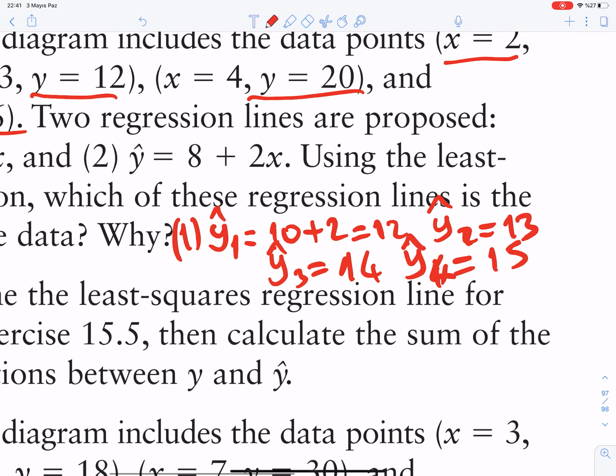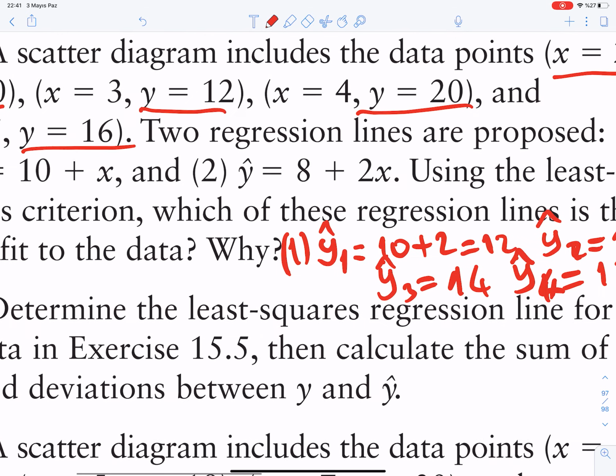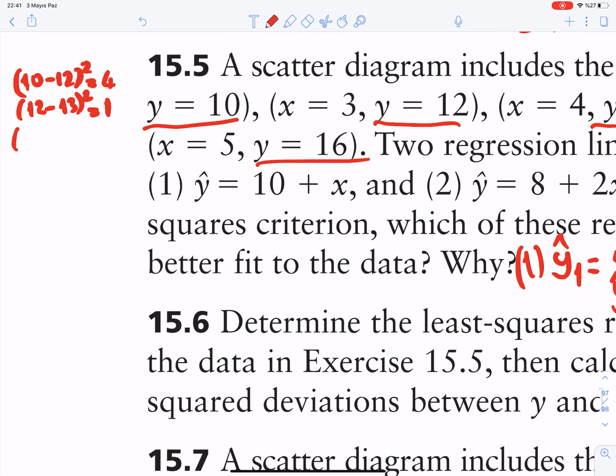The next one is 20 minus 14 squared, which becomes 36. And the last one is 16 minus 15 squared, which becomes 1.